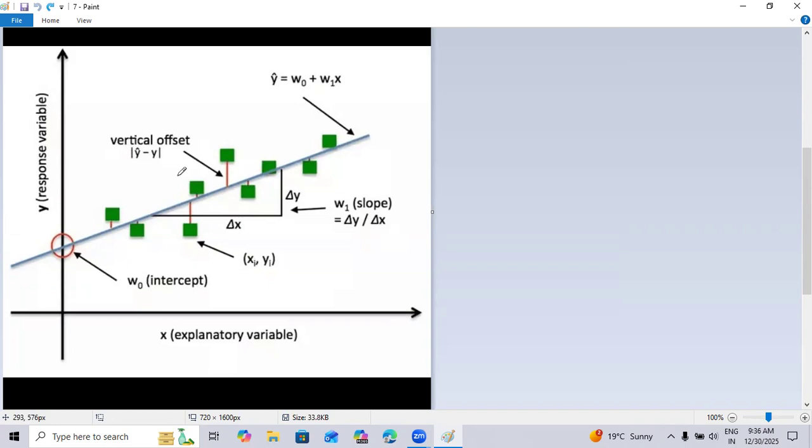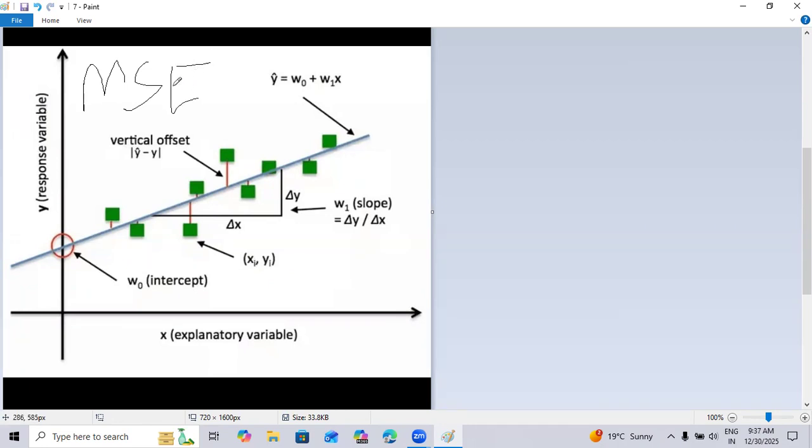Loss functions have several types, one of which is the mean square error. We call it MSE. Mean square error is used for regression problems. It calculates the square of the difference between the actual and predicted values. Large errors are punished more in mean square error. So mainly we use MSE.